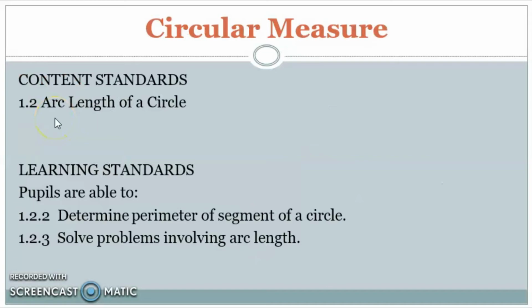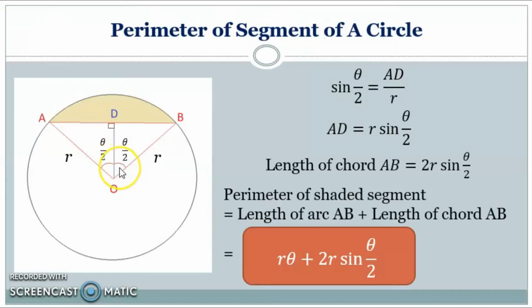Next, let us proceed with the second part of the content standard, arc length of a circle. You will learn to determine the perimeter of a segment of a circle and also solve problems involving arc length. Referring to the diagram on the left side, the sine of half theta is AD over R. So AD is R times sine theta over 2.